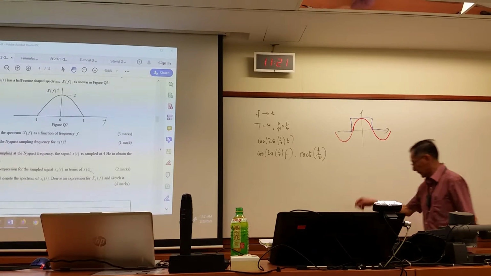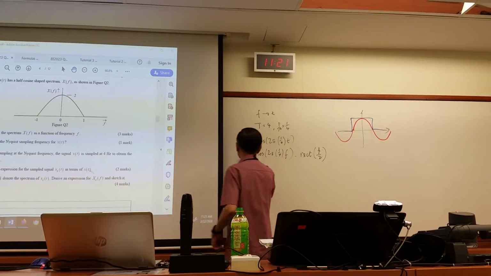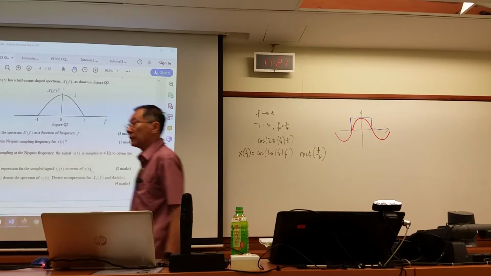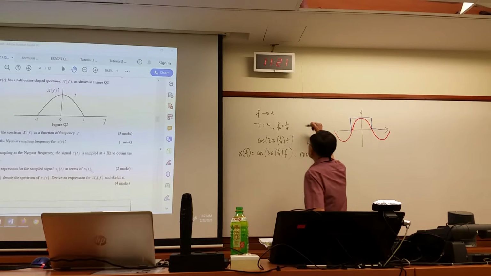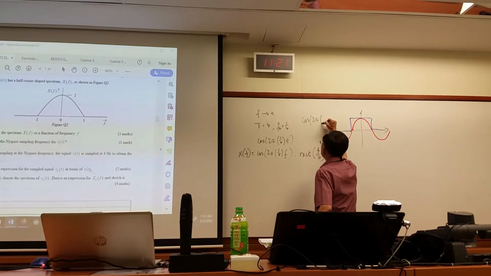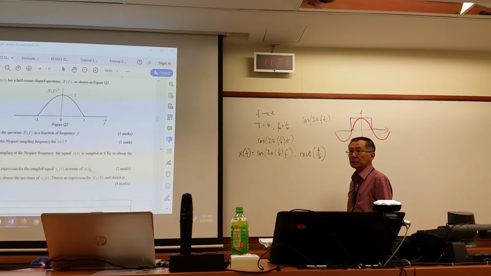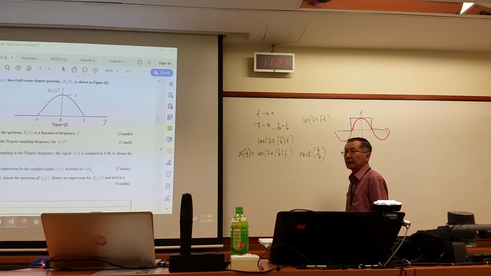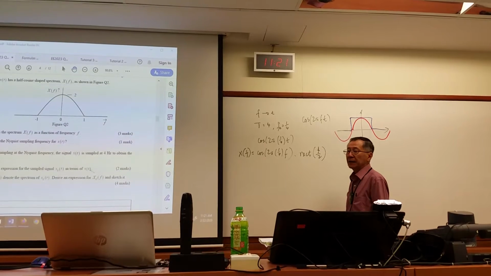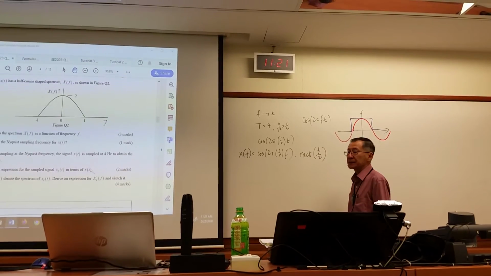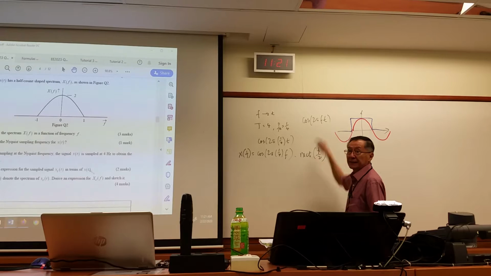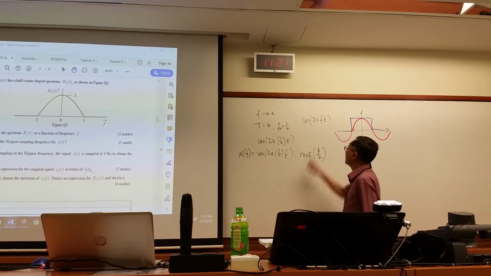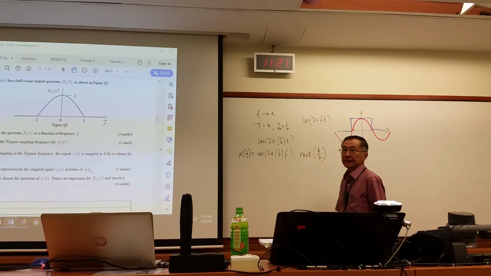So in fact, this is what your X(f) is. Because we always say cos 2 pi f t, that's the cosine wave. If I have a cosine wave and the wave has a frequency of 5 Hz, it will be 2 pi times 5t. If I have a cosine wave and it has a frequency of 10 Hz, it will be 2 pi 10t.